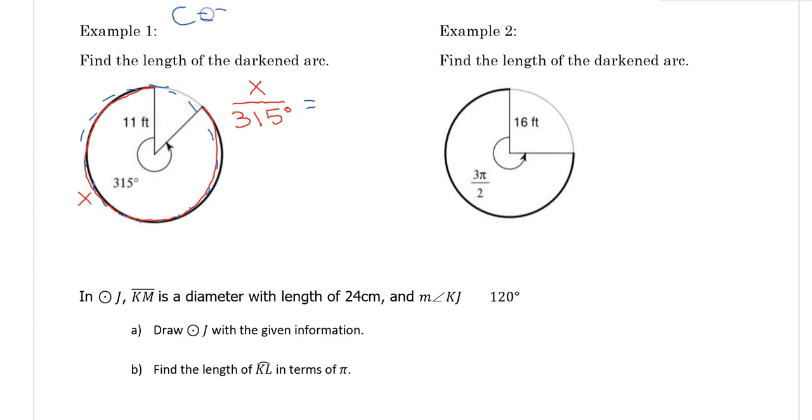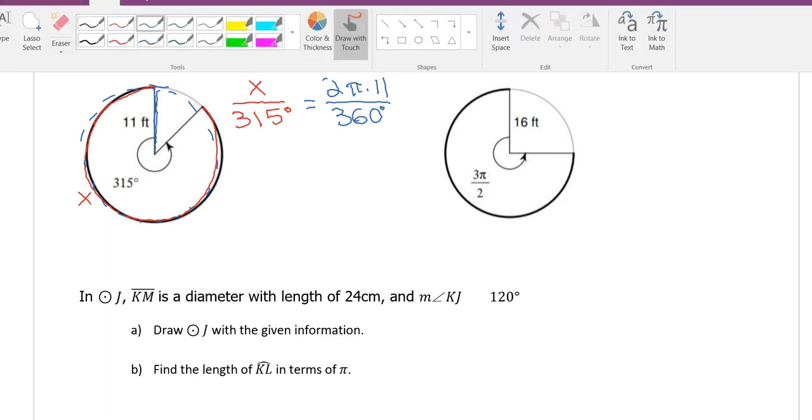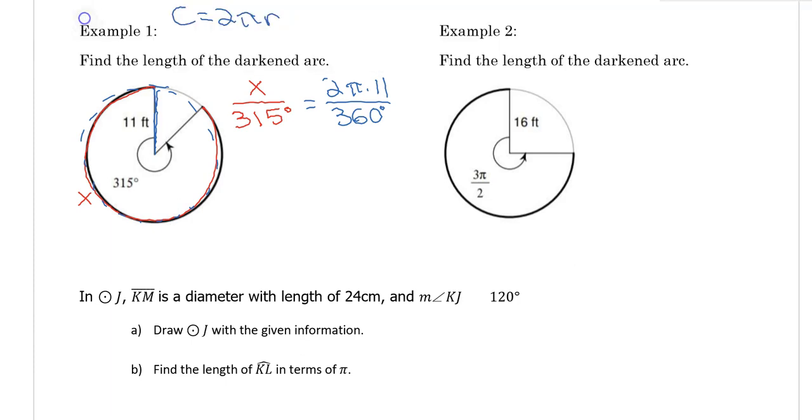Remember, circumference equals 2 pi r. So 2 pi times 11, that's my radius there, divided by, if I'm looking at the whole circle, 360 degrees. You're just setting up that proportion. Once we set up that proportion, it's just like every other time we've set up a proportion. We're just going to solve.